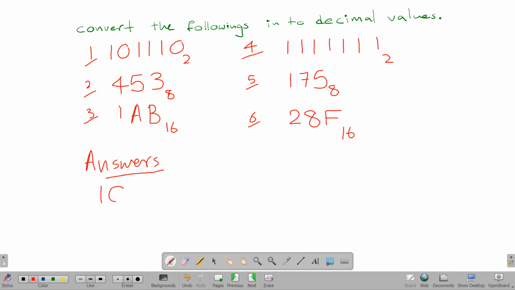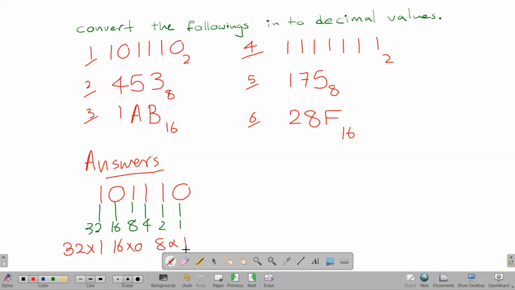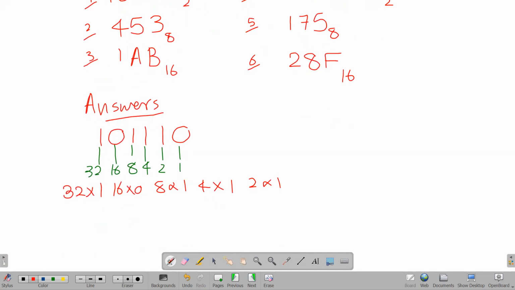So when it comes to 101110, what are the place values that we have? We have 1, 2, 4, 8, 16 and 32. So what are the places that we are going to add? We are going to do 32 into 1, 16 into 0, 8 into 1, 4 into 1, 2 into 1, and 1 into 0.